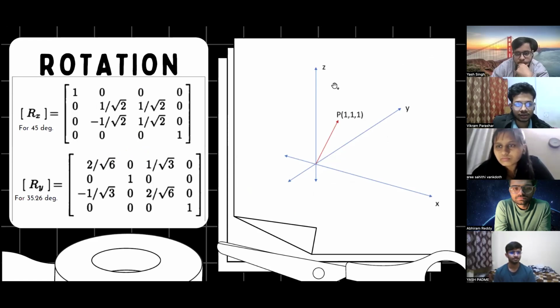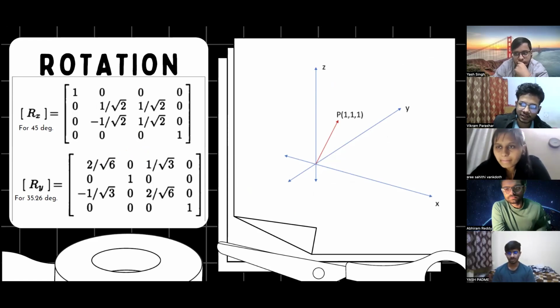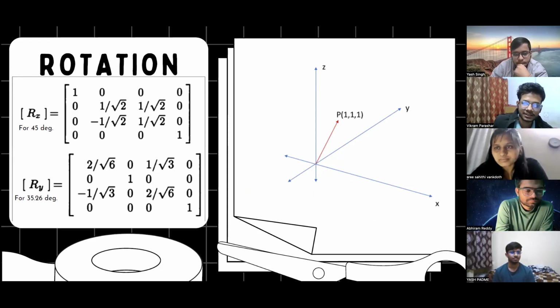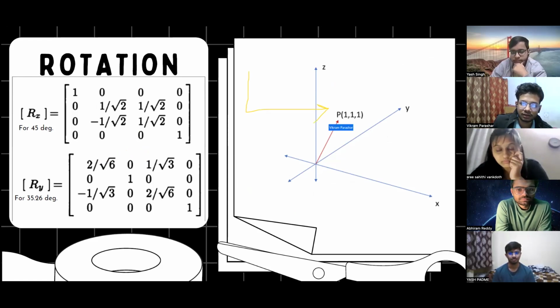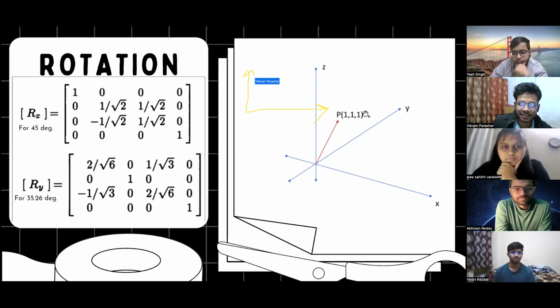So next we need to do rotation. After the translation, the normal vector becomes like this. How much should we rotate in the x and y direction such that this normal vector starts to face the positive z direction? For the x, if we draw a 2D scenario of this scene, this is y, this is z, and the x-axis is coming out of the plane, and our vector looks like this.